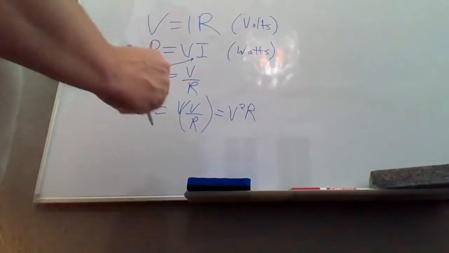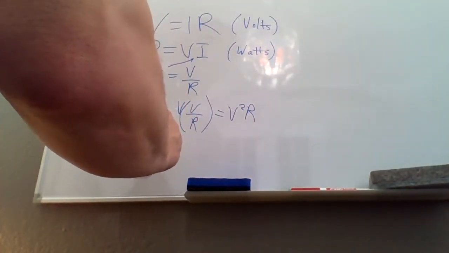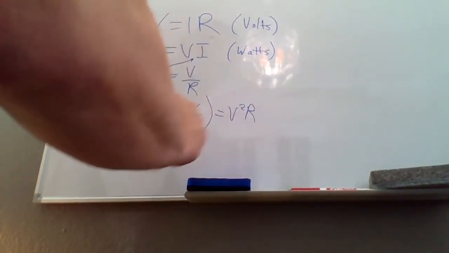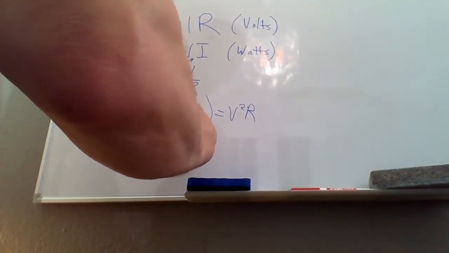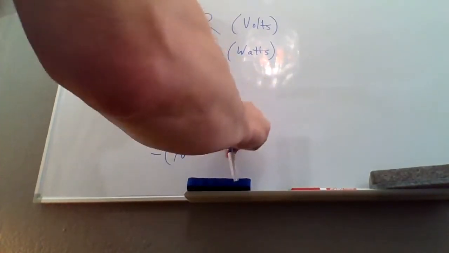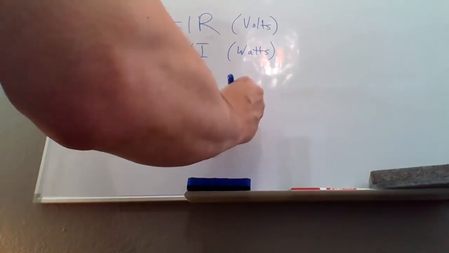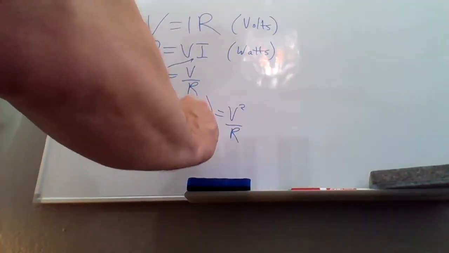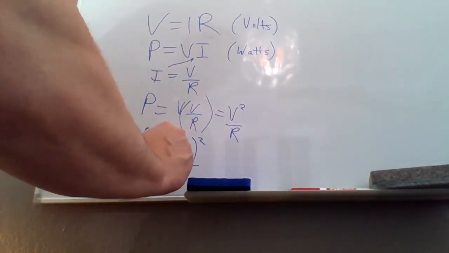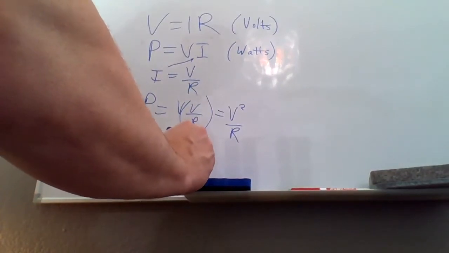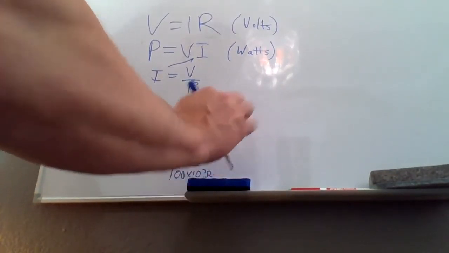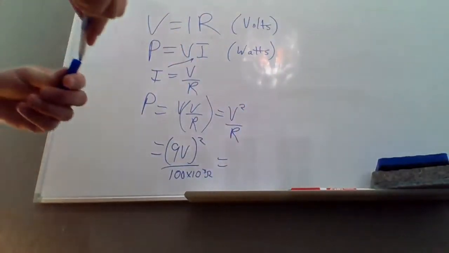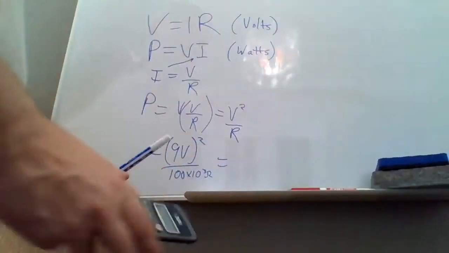Now in our case, we know that P equals V squared over R. So if I had a 9-volt battery, V squared over R. Somebody should have caught that one. So we take 9 volts squared divided by 100 times 10 to the 3 ohms. I'm going to put that in the handy dandy calculator.